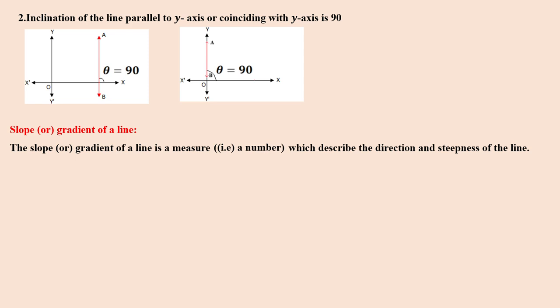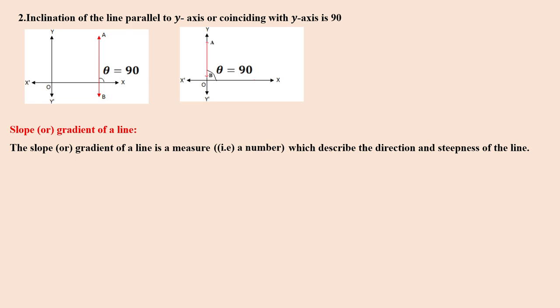So that steepness is called the slope of the path. The path is nothing but you consider it as a line. Then you can call the steepness from the ground level the slope of that line.